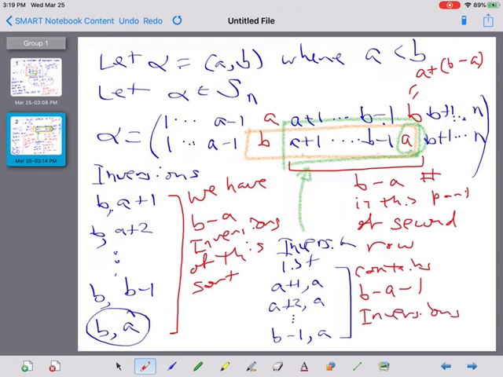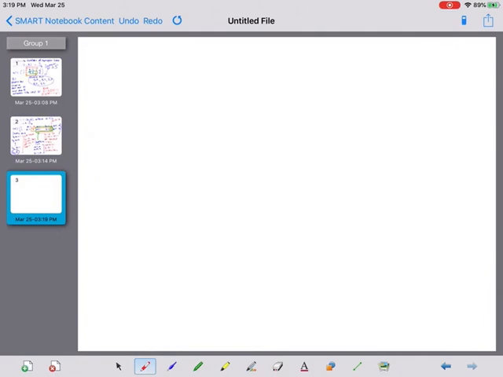Now, what does this mean? It means that we can add the two numbers of inversions together. So let's think about this.